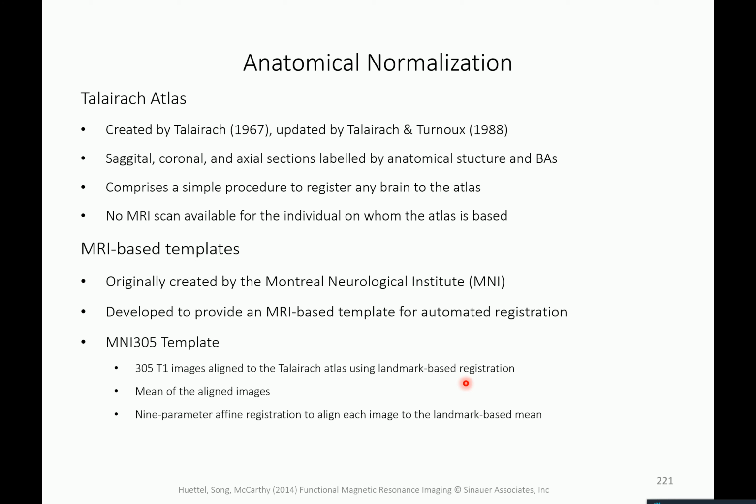And then these aligned T1 images were averaged and created this MNI 305 template. So MNI space and Talairach space are actually the same thing, because the MNI space was generated by aligning these 305 images to the Talairach image.